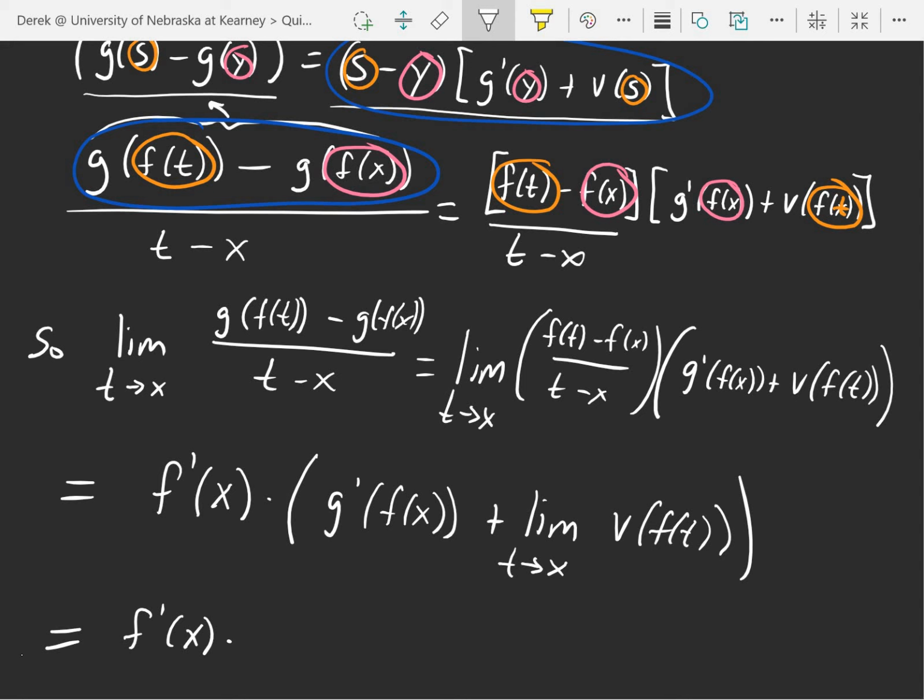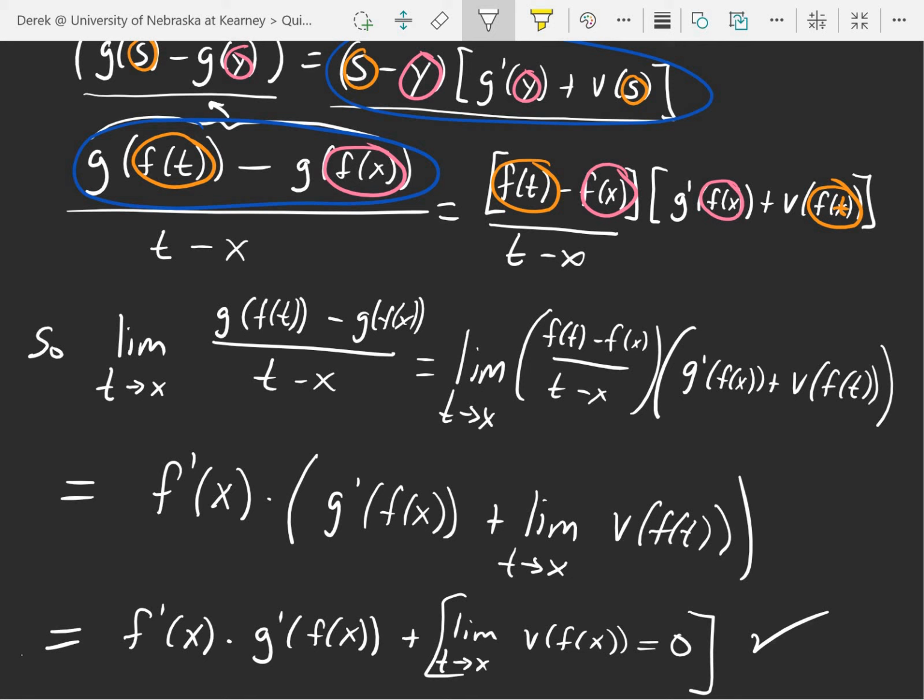So we've got f prime at x times g prime of f of x plus the limit as t goes to x of this, but this goes to v of f of x by continuity, which equals 0 here. This piece goes to 0. And we get our chain rule that way.